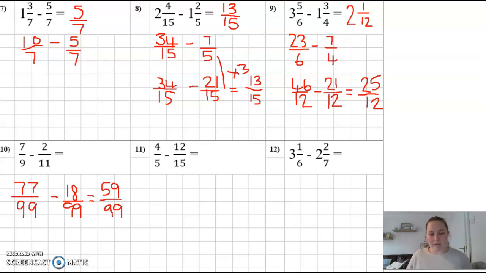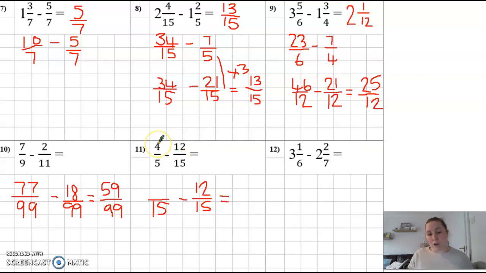Okay, number 11. 4/5 and 12/15. Again, we've got no mixed numbers, but we have got two different denominators. Looking at them both, we can use one of them. We can use 15 because 5 goes into 15. So if we make the denominators both 15, 12/15 can just be carried on down and we'll convert 4/5.